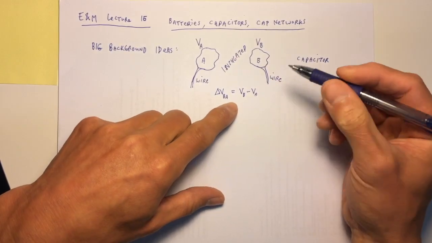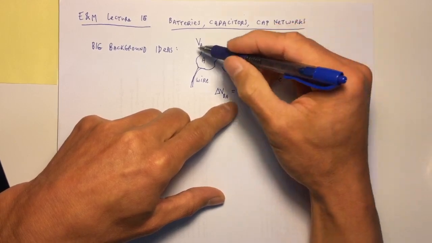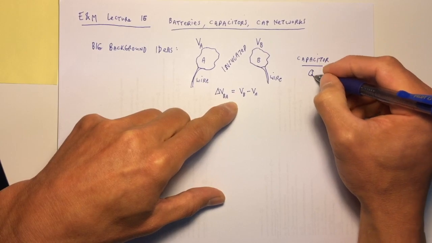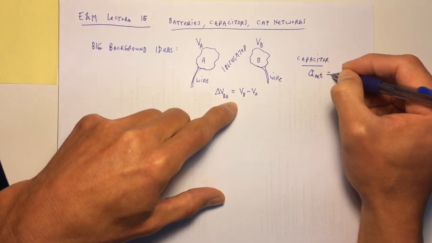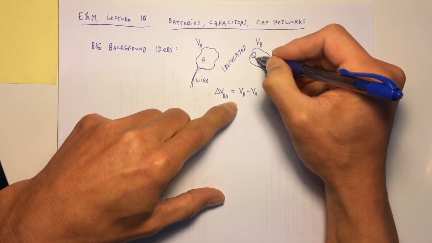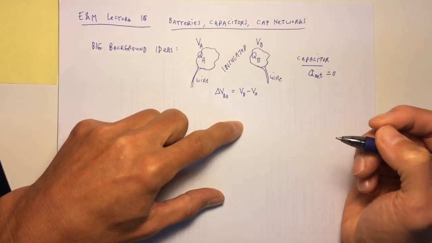And let's just say that the way this world works out, the way the charges are distributed, on this capacitor, which has a net charge equal to 0, there is a charge Q_B over here and a charge Q_A over here.